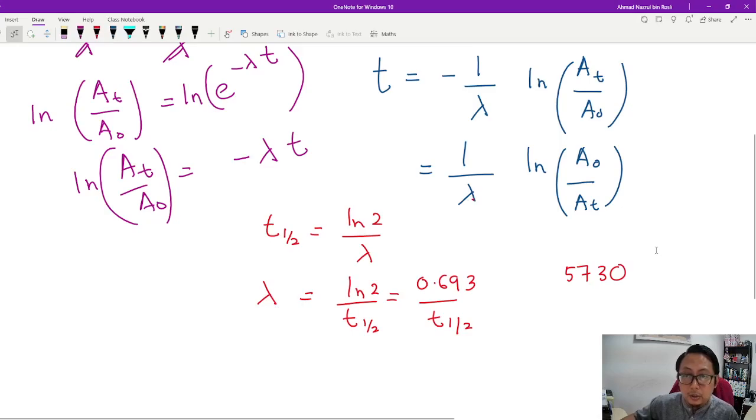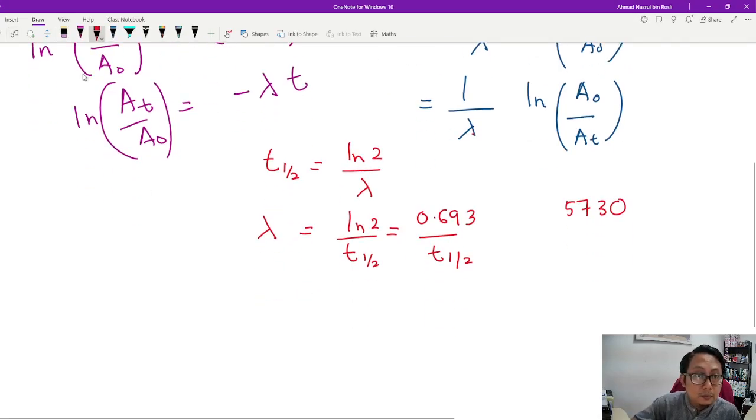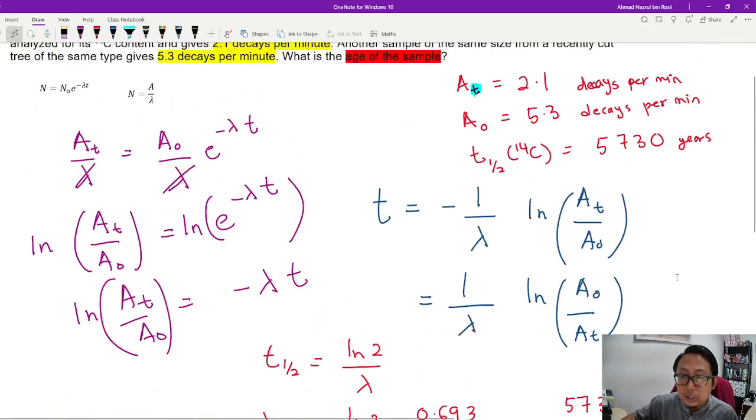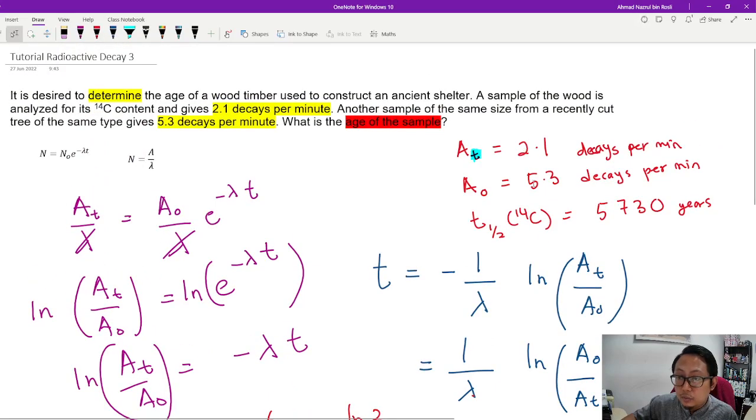So the new equation for t is t equal to 0.693 over T half-life, which is 5,730 years. The unit will be years. Then ln A naught over A t, where A naught is equal to 5.3 and A t is equal to 2.1.